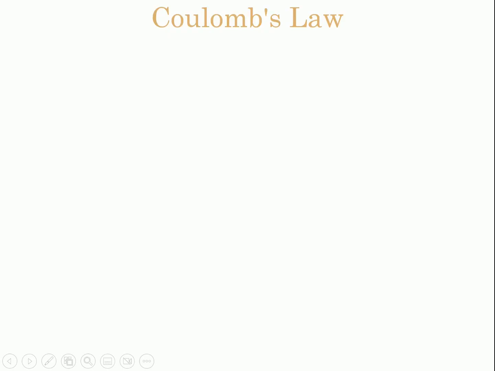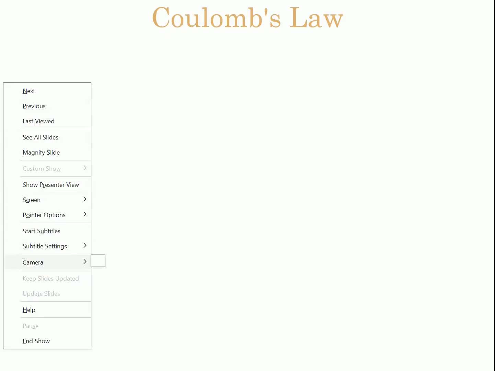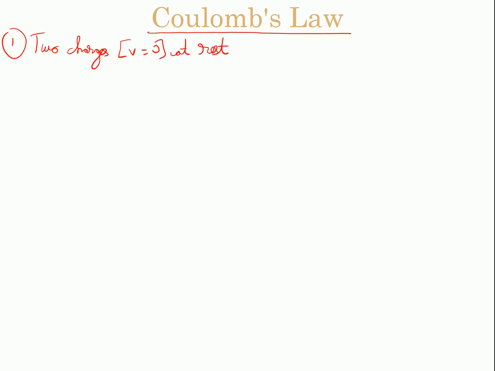Let us put his observations into mathematical translation and see what mathematical expression we get from the observations made by Coulomb. Coulomb said that if we take two charges and those charges are at rest, meaning they are not moving, so they are static charges, let's say this is charge 1 and this is charge 2, then V equals 0, V equals 0.